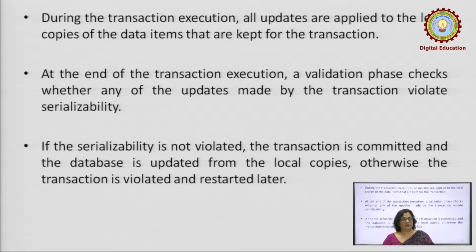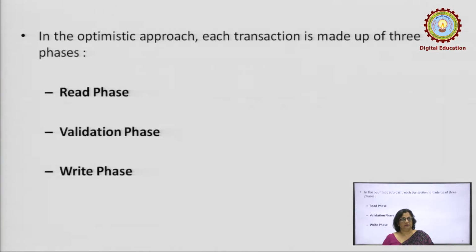At the end of the transaction, a validation phase is applied that checks whether any of the updates may be violating the serializability. If the serializability is not violated, then the transaction is committed and the database is updated from the local copies. Otherwise, the transaction is rolled back and is restarted later.